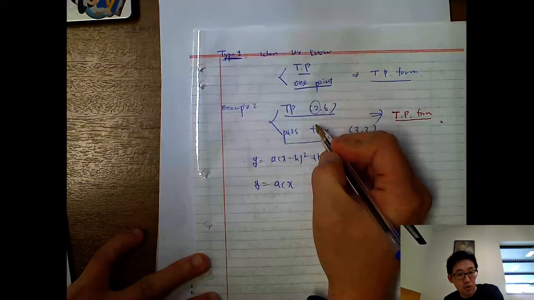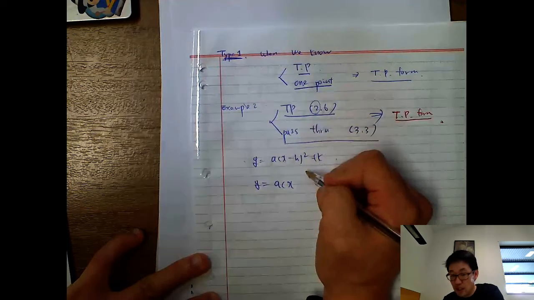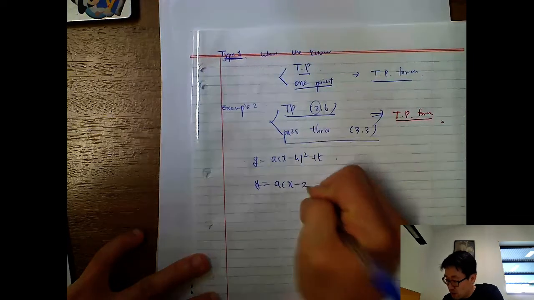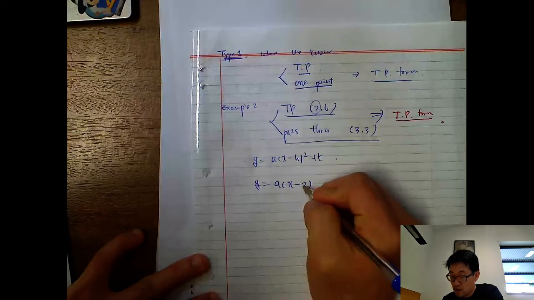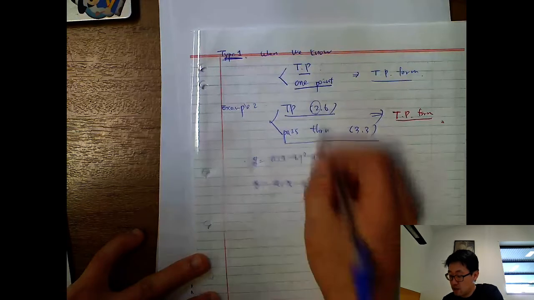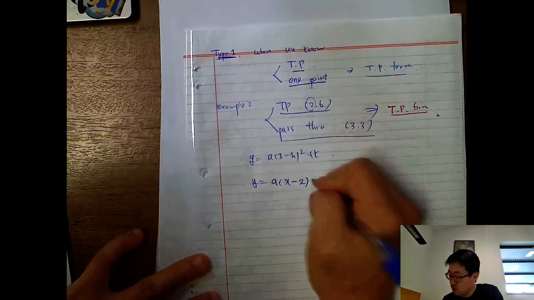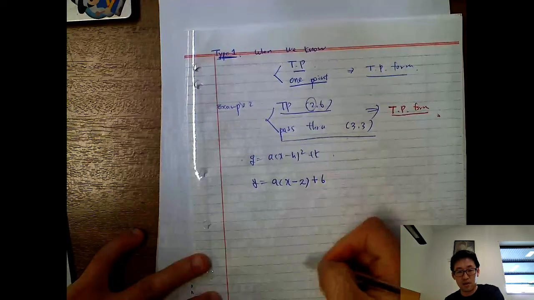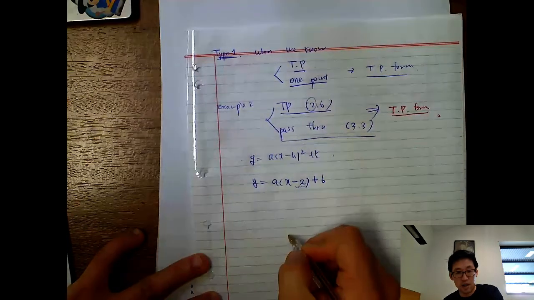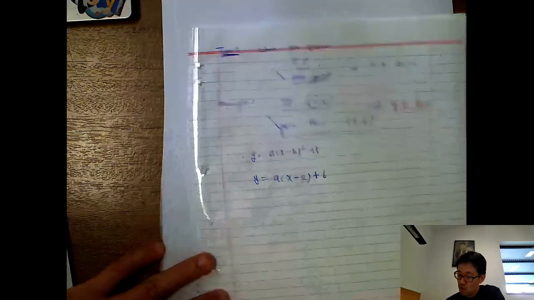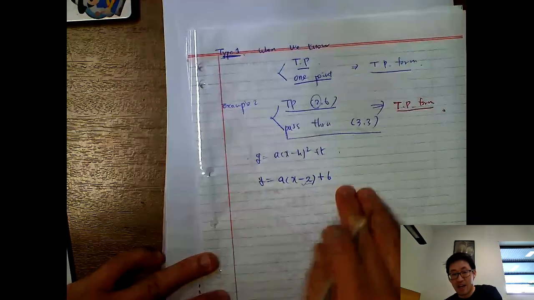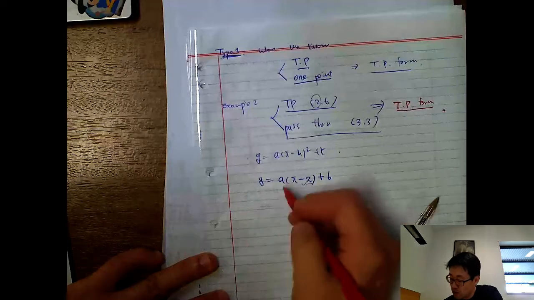You have to do the inverse of your sign here, minus 2. That's why, opposite of the sign, you got the turning point 2 and 6. So you're only doing the opposite sign for the x part. Okay? We basically get everything except we don't know a.